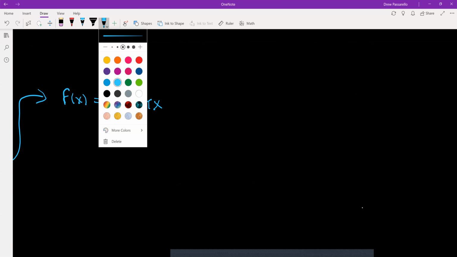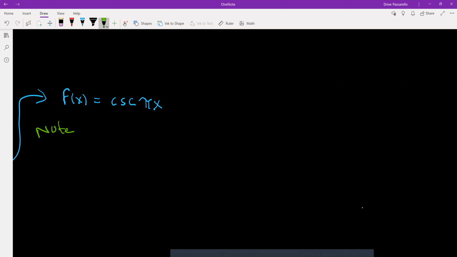You're going to have an infinite amount of periods, essentially. So note they don't give us any restrictions on x, meaning that it's not defined in an interval.